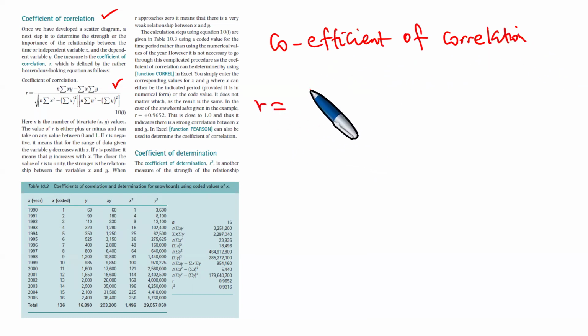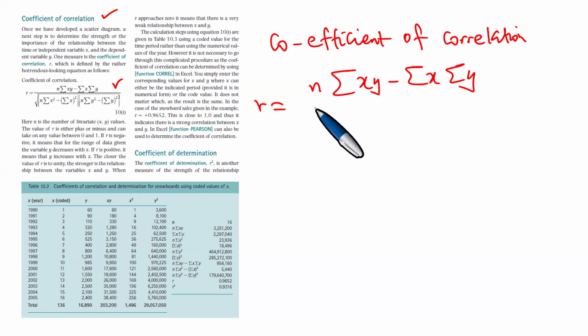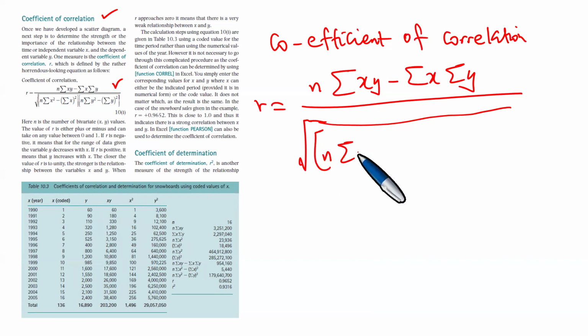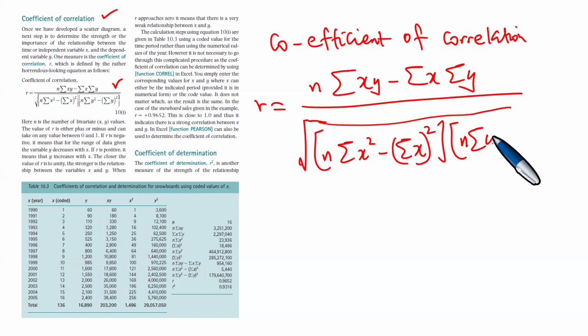So we have n times the summation of xy minus the summation of x times the summation of y, all divided by the giant square root sign. Inside the big square root you have the summation of x squared and the summation of y squared.